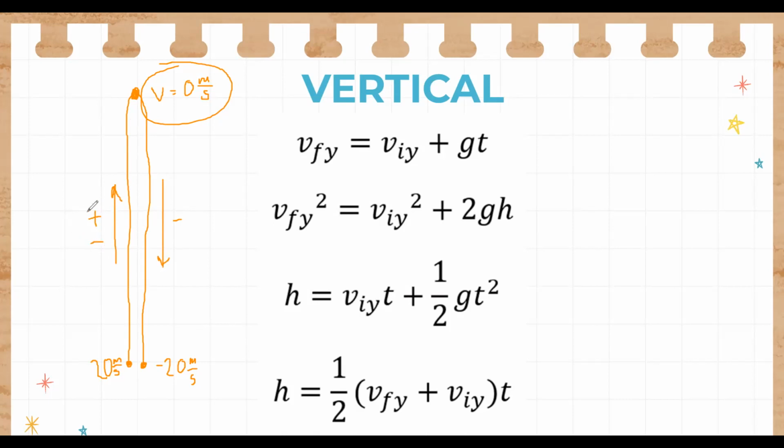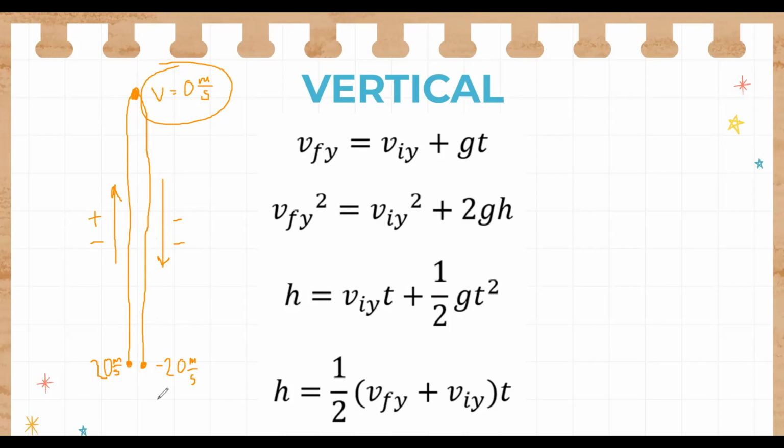If we have opposite signs, then that means that I am slowing down. So while I'm going up, I'm slowing down. If you notice, we started at 20 and we ended up at 0. Okay? And in the second part, I have a negative velocity and a negative acceleration. Therefore, I am speeding up. If you notice, we're going from 0 to 20. Okay? The sign is just telling us which direction we're going.